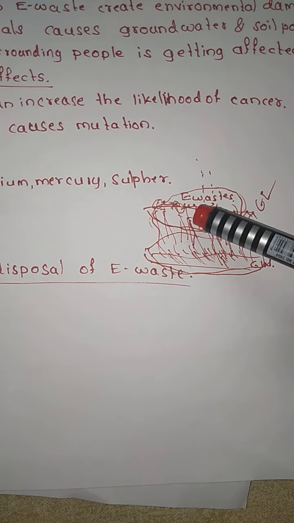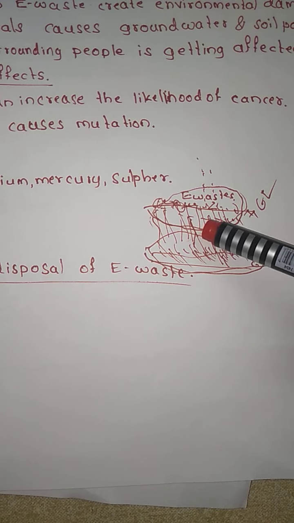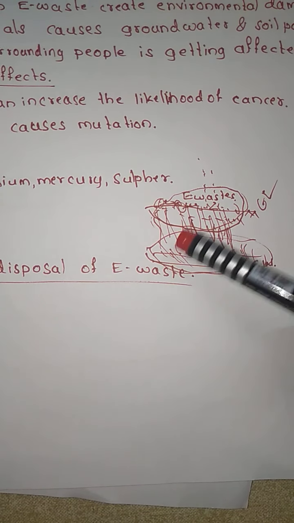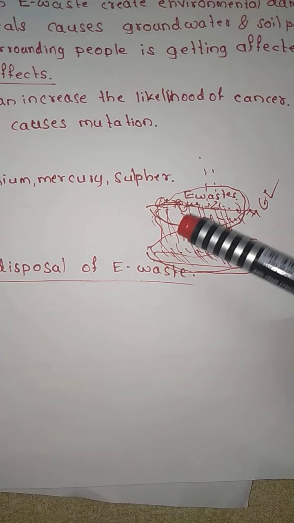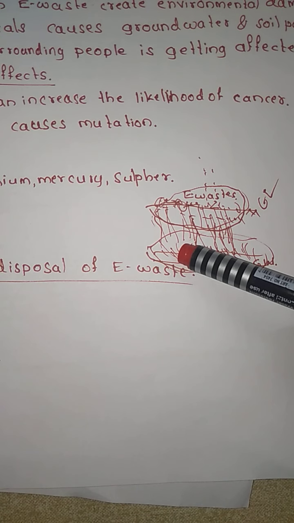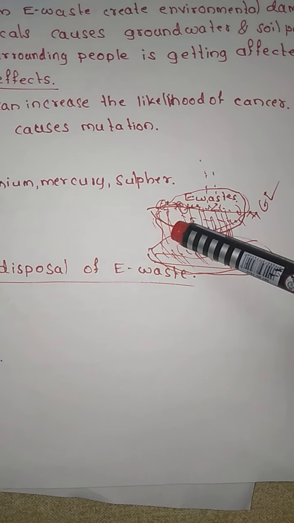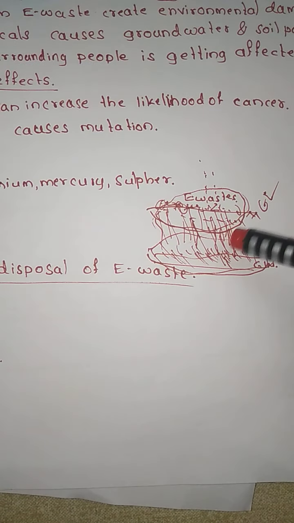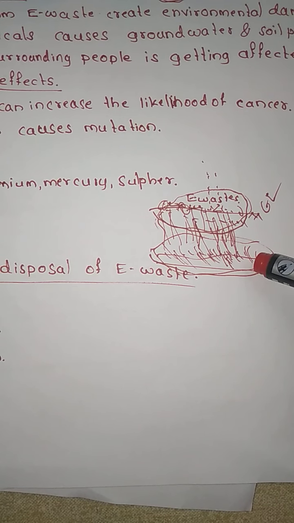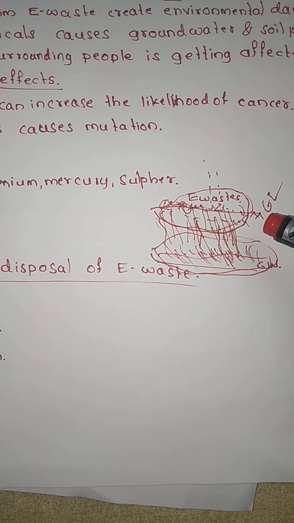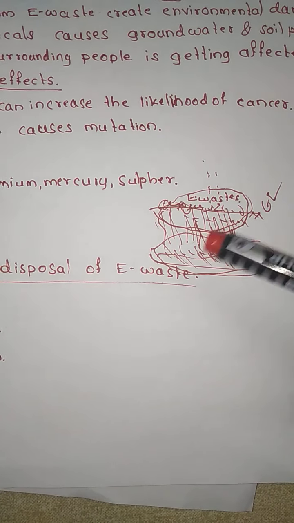Along with that, whenever it flows down, it is going to be mixed with the soil. When it is mixed with the soil, the heavy metals will be intruded into the soil. Then it is going to create a problem. Soil pollution has happened, and then again your groundwater has been polluted. So this is the bad effect of open dumping.